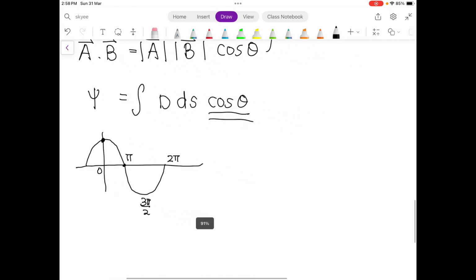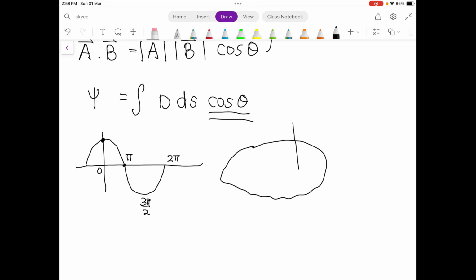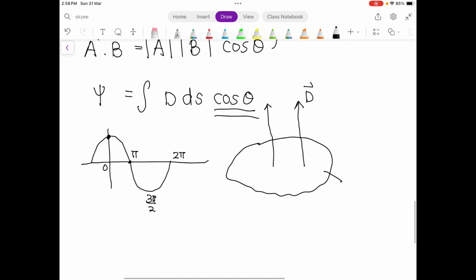So, we look at the surface. For example, if you have a surface over here, and the flux coming out from the surface is in these directions, and your dS, this one is your dS, the surface is also facing in the same direction.